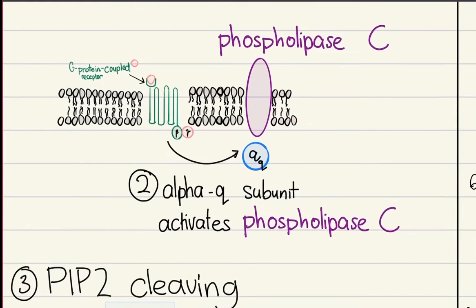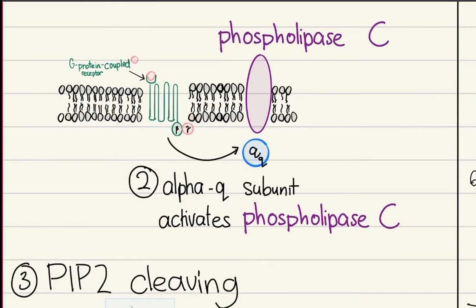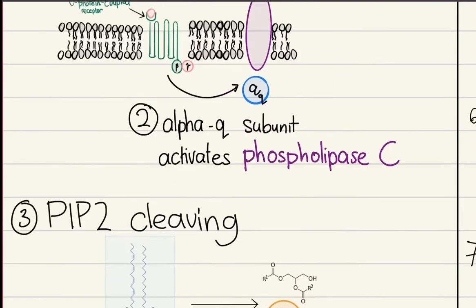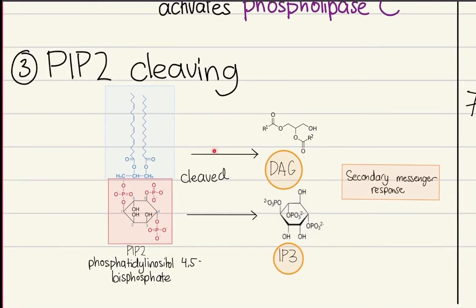The activation will allow the alpha Q to activate the phospholipase C. And once that happens, phospholipase C is responsible for cleaving the molecule we talked about. It's going to cleave this molecule into DAG and IP3, our secondary messengers.